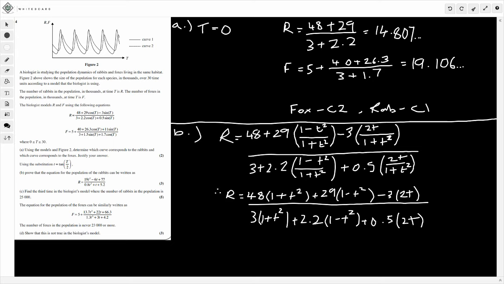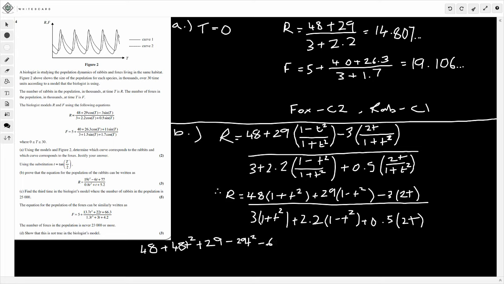So I'm going to quickly write it all out. I'm going to get 48 plus 48t squared plus 29 minus 29t squared minus 6t.